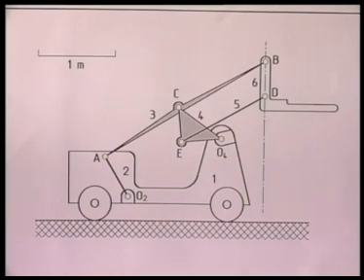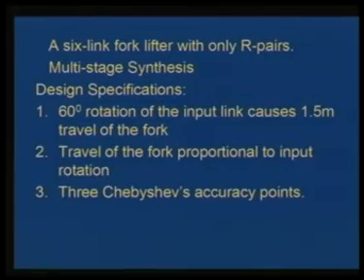Now the first step is to determine the three Chebyshev's accuracy points in this range BI to BF, which we shall call B1, B2 and B3. The three Chebyshev accuracy points in this interval from BI to BF can be determined, as we know, both analytically and graphically. First of all, let me determine these three accuracy points B1, B2, B3 analytically.